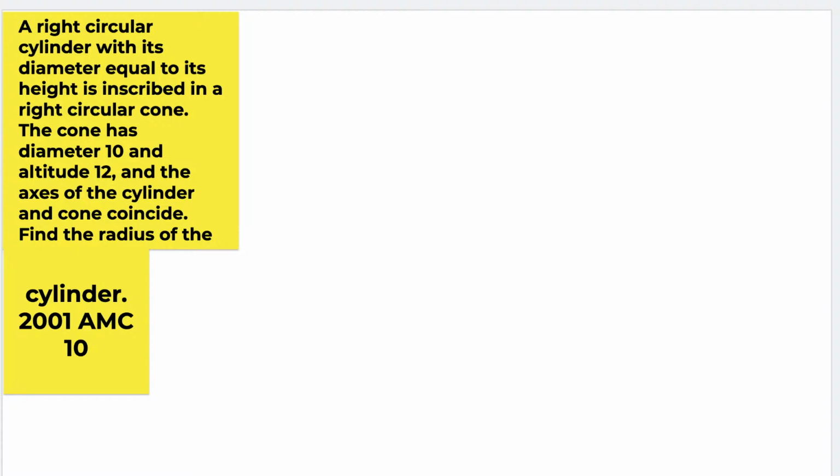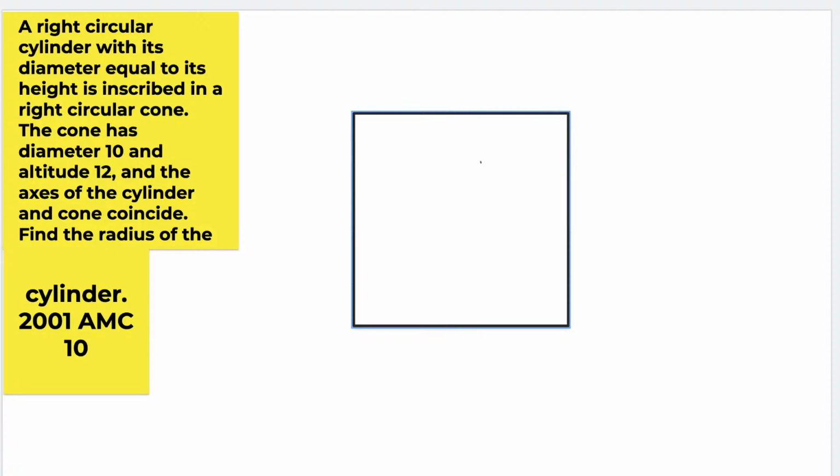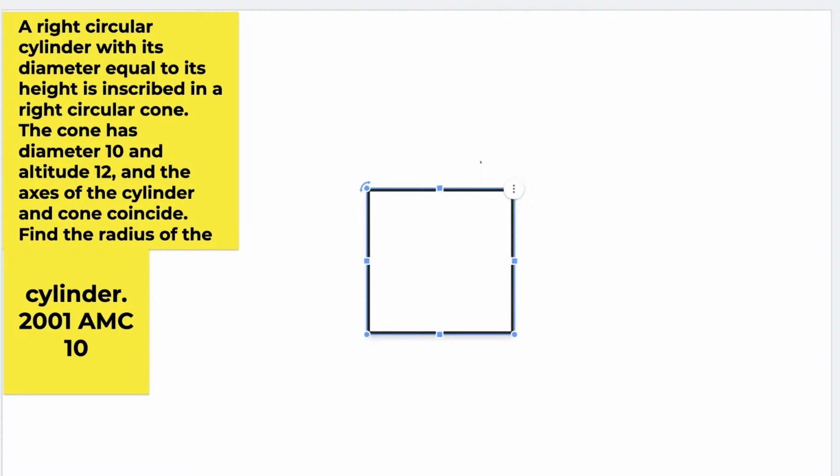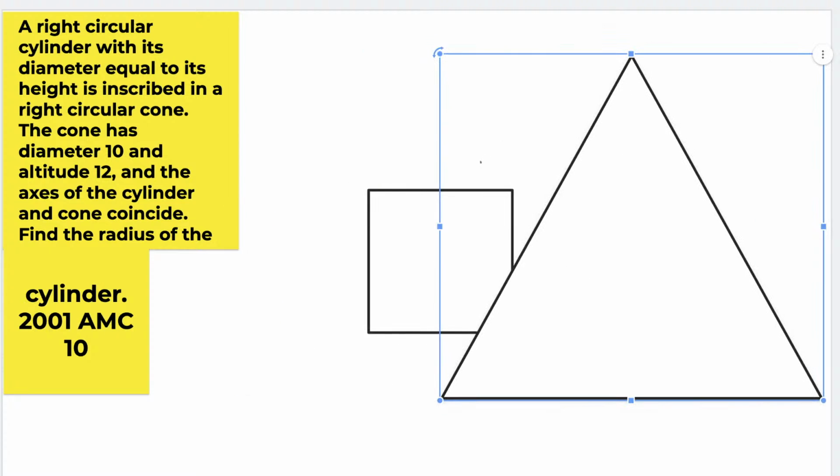Remember, your goal with 3D problems is to turn it into a 2D problem. And that's what you have to do in this problem to make it a very simple problem. If you cut a circular cone in half, you just get a triangle, like if you look at the front side. So I'm going to draw a triangle now.